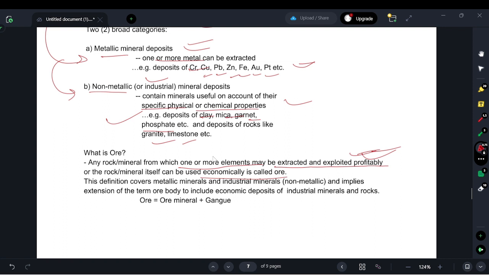Now the ore can be a metallic ore or a non-metallic ore. The ore consists of ore mineral plus gangue, right? So can any one of you tell me what a gangue is?